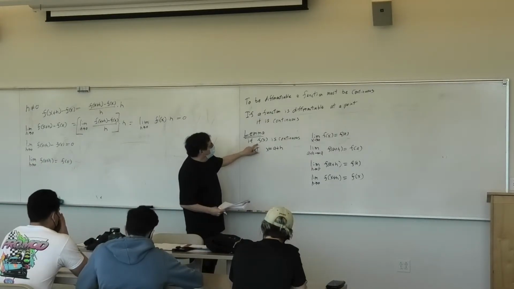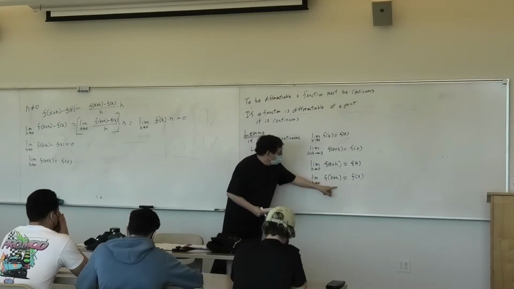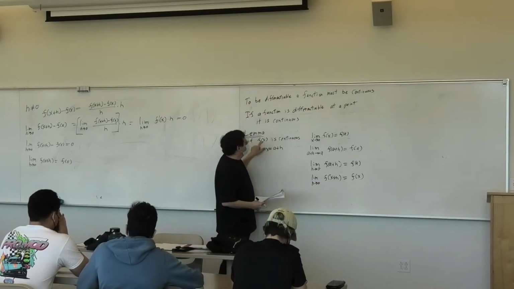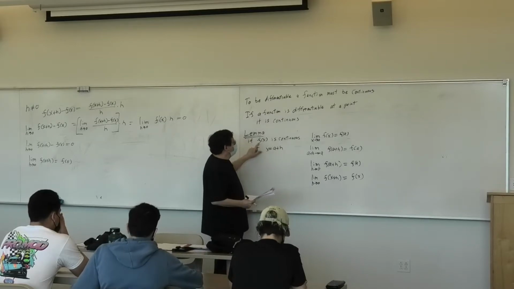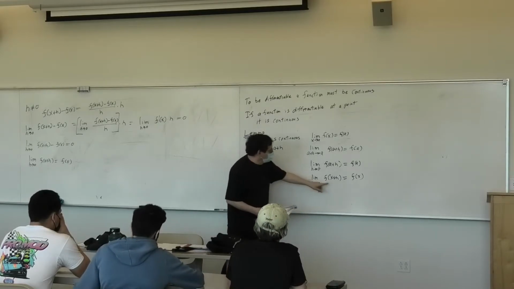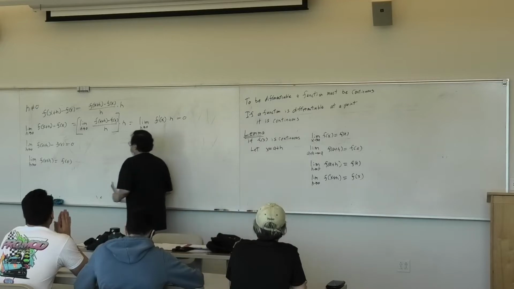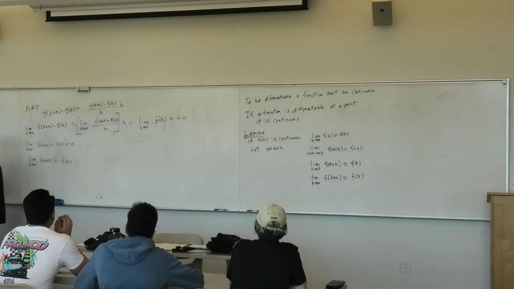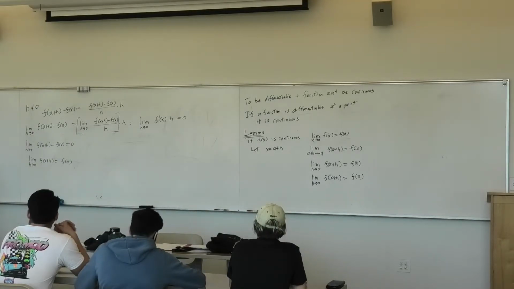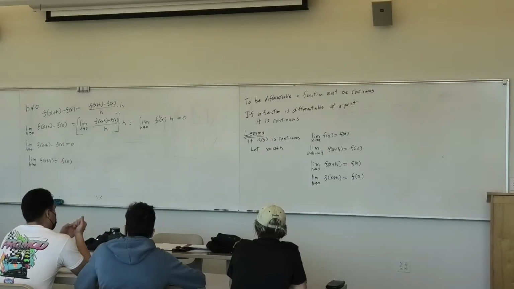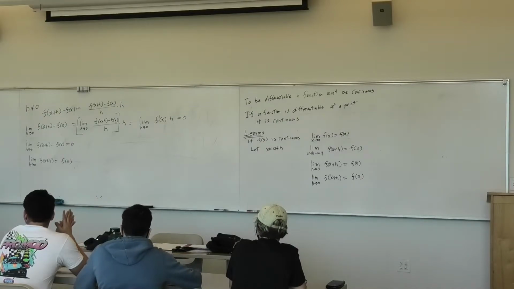But by our lemma, f is continuous if this is the case, which is what we just found here. I don't know how this is coming across. The takeaway here is if a function is differentiable, it's continuous.